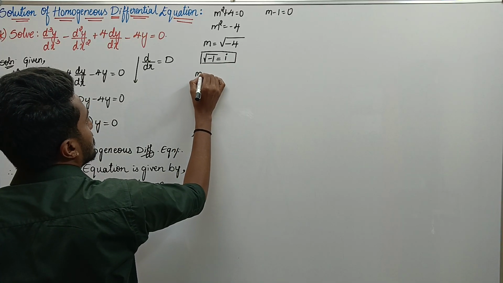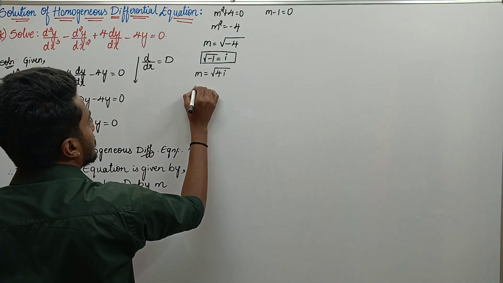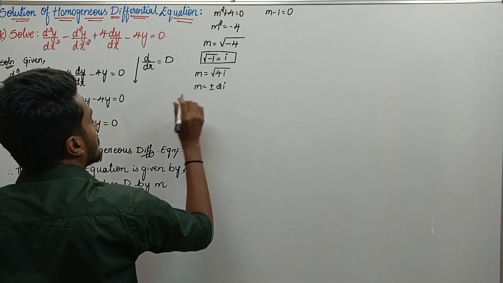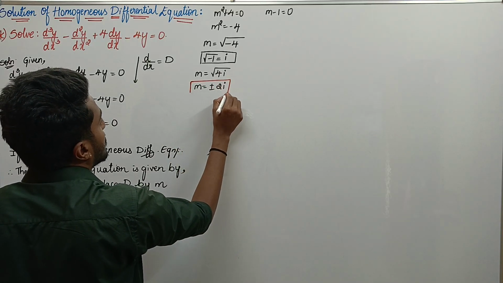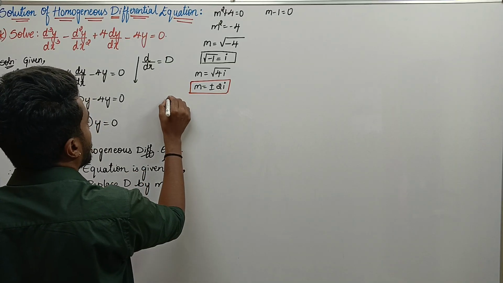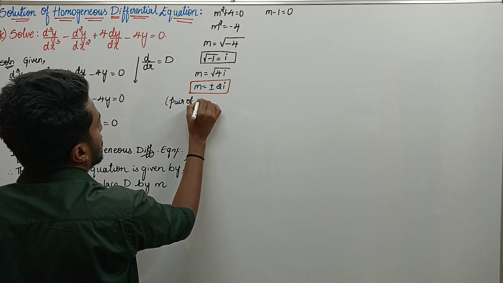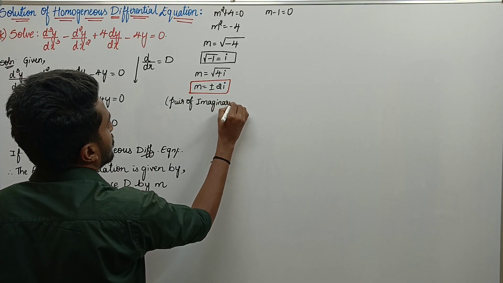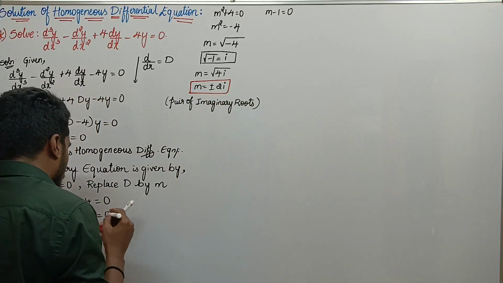So m equal to root 4 i, which can be written as plus or minus 2i. This root we call a pair of imaginary roots.